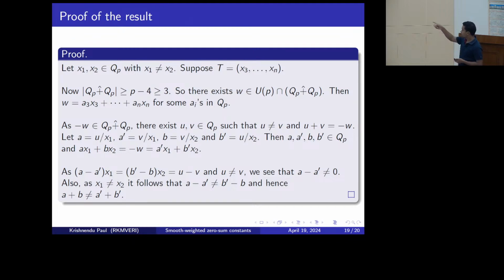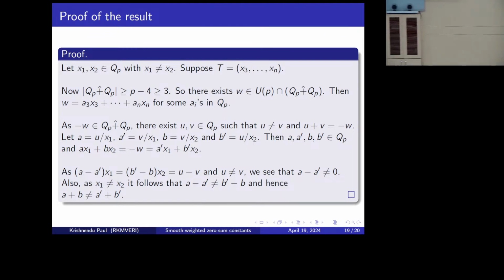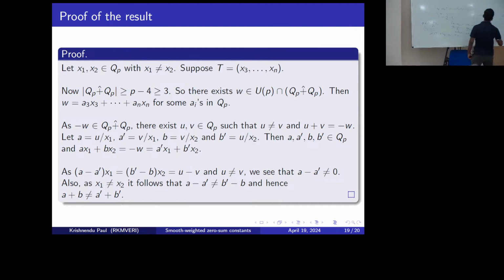Now W equals a3 x3 plus ... an xn, so minus W equals minus a3 x3 minus ... an xn.